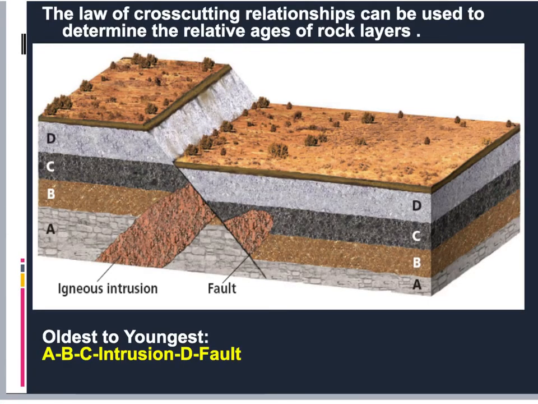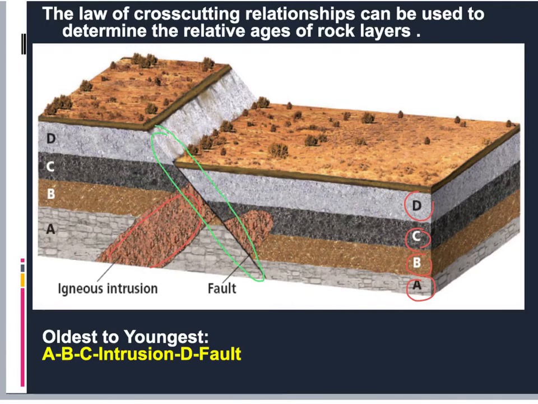So looking at this, we've got nice letters for the layers, A, B, C, and D, okay? So let's think which one is the oldest one and which one is the youngest one, going from oldest to youngest. So see the intrusion here and see the fault. Notice the fault. So I'm going to show you these two things before we get going. So there's the fault.